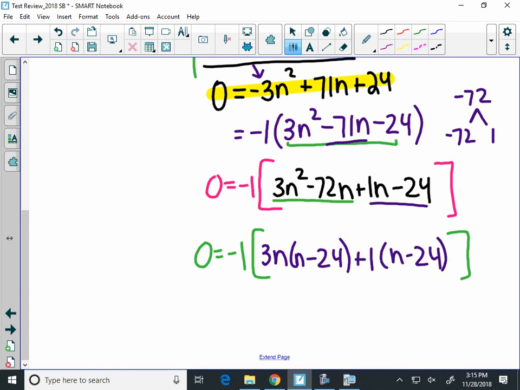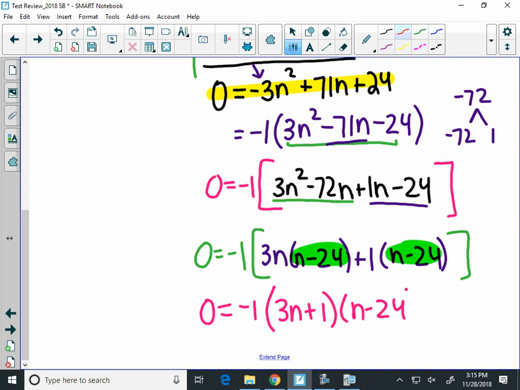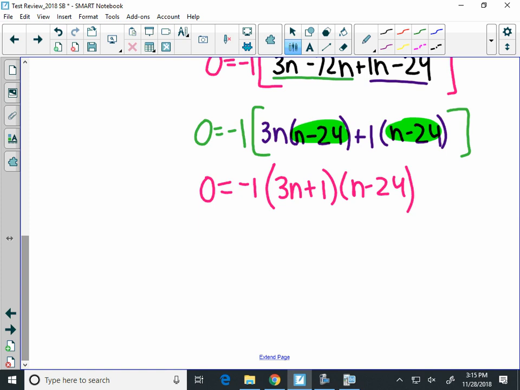Because the good thing, remember, I always want to get two terms in my parentheses that look the same, which I have here. So the fully factored form is negative 1 times 3n plus 1 times n minus 24. So I factored, now I need to find the value of n.